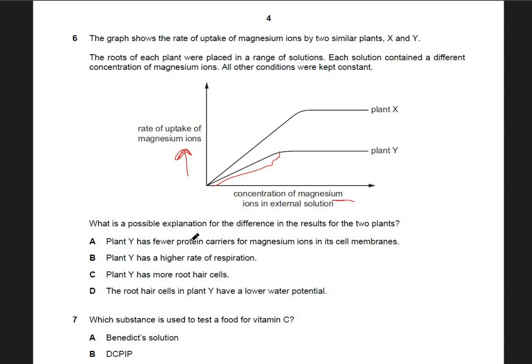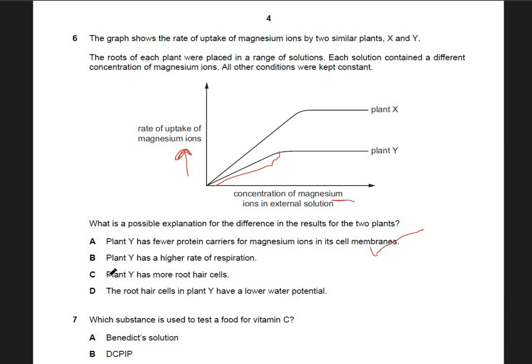So what is the possible explanation? Let's start reading the options. Option A says plant Y has fewer carrier proteins for magnesium ions in its cell membrane. This might be the case. Option B says plant Y has a higher rate of respiration. No, because if there was a higher rate of respiration, there would be a higher production of energy, and this does not affect the rate of uptake.